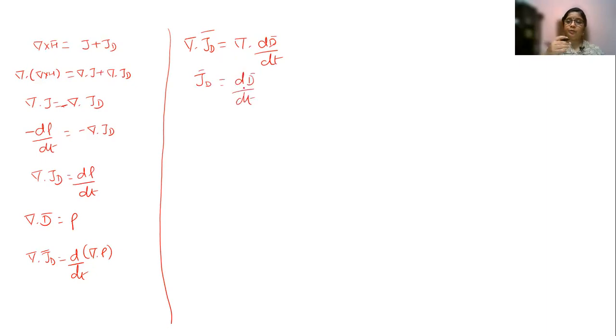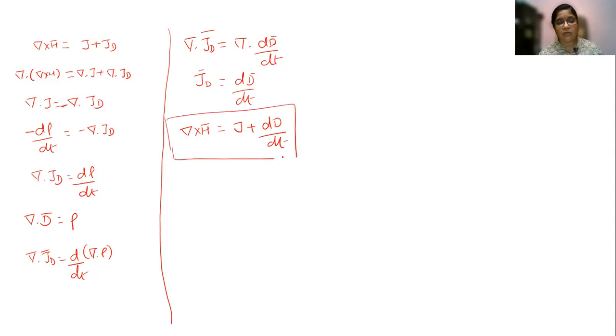So we now have an expression for Jd, and we will incorporate it into the final equation for Maxwell's fourth law. You will write del cross H is equal to J, already existing, plus dD by dt. This equation is Maxwell's fourth law in differential form.